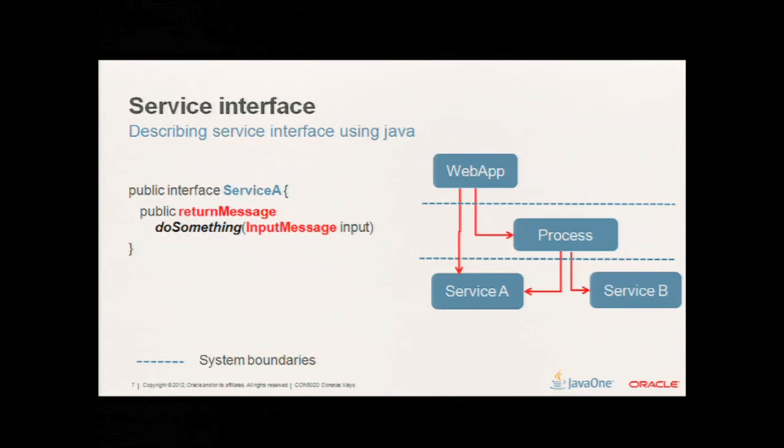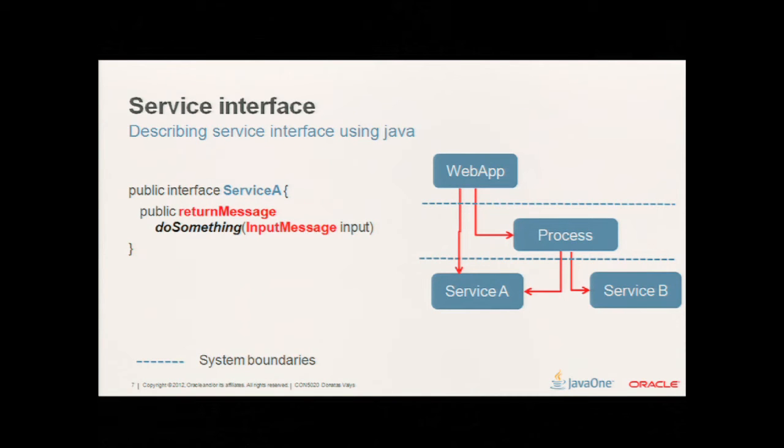This is a smaller picture of one part, and the sample application shows an implementation of this conceptual architecture. We have 2 services, one business process and a web application consuming our services and business process. And if you look at a service interface, what is needed to define a service interface using Java is pretty simple.